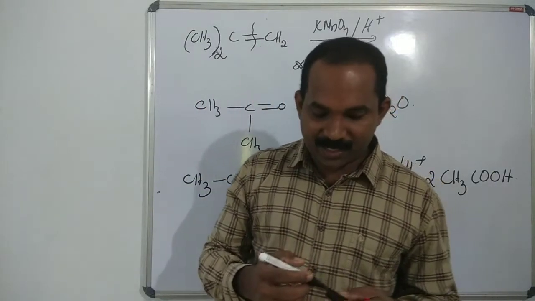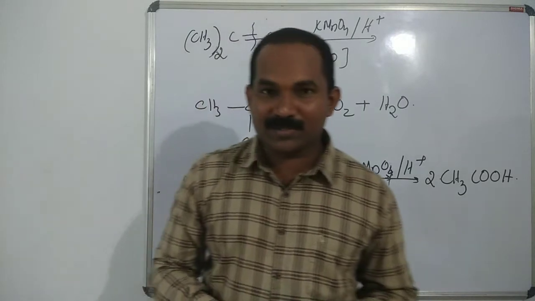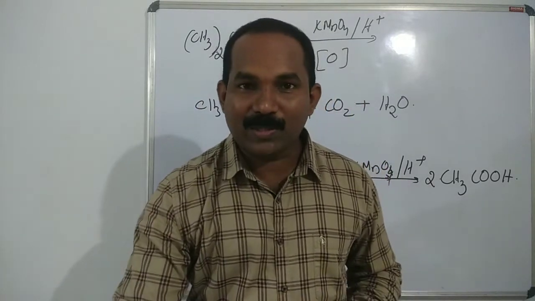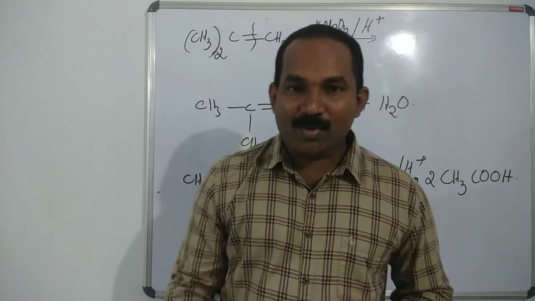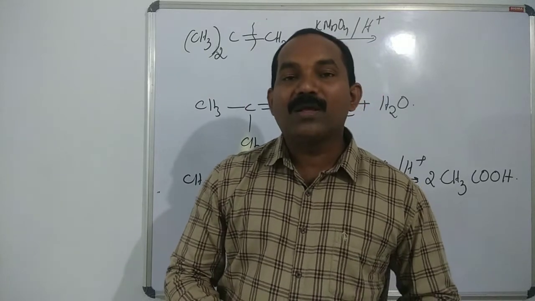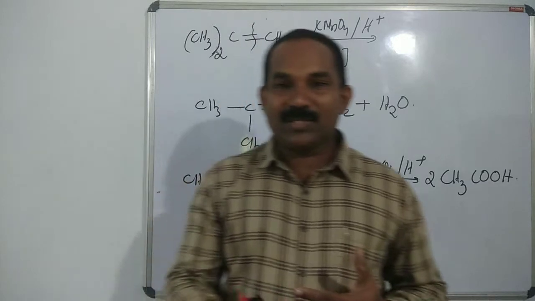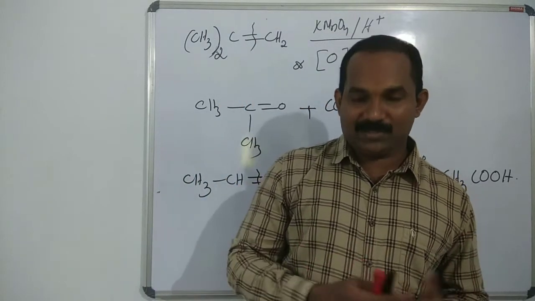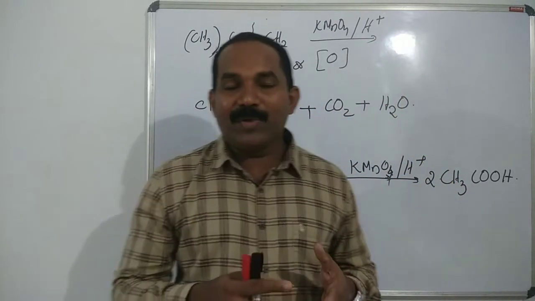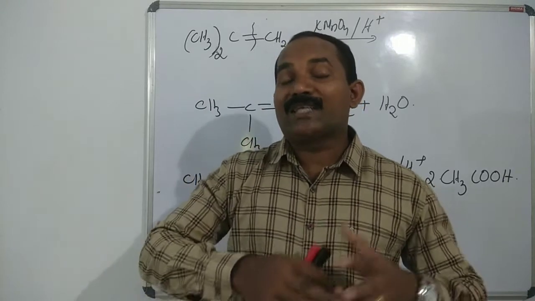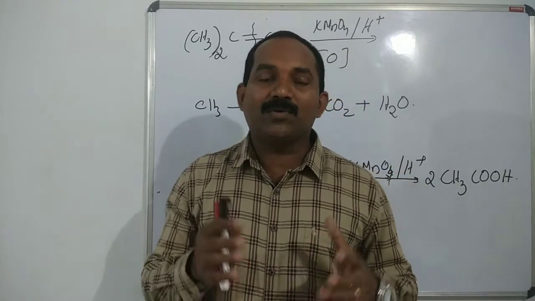Polymerization of alkene. I think you have heard about polymers: polythene, polypropylene, polystyrene, etc. So alkenes undergo polymerization, and we get polymers. Polymers are very useful substances in our day-to-day life.